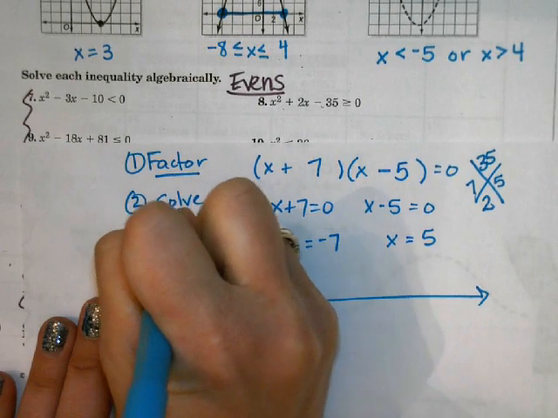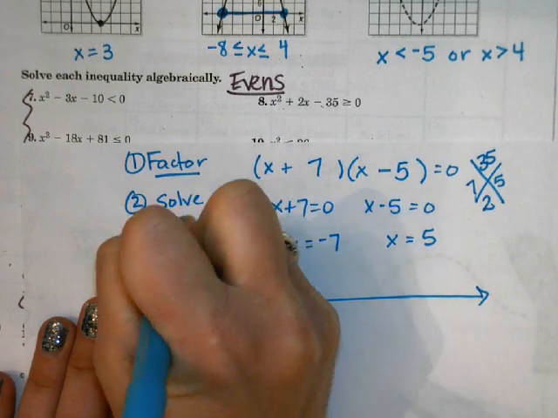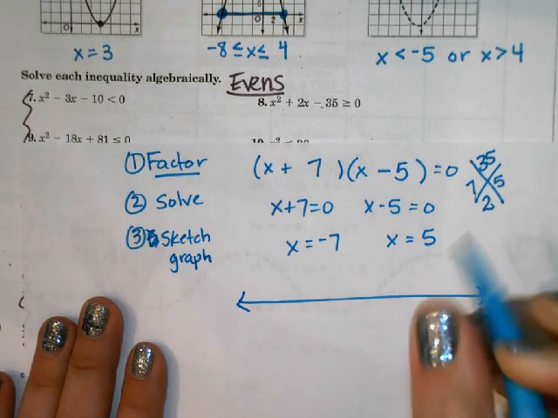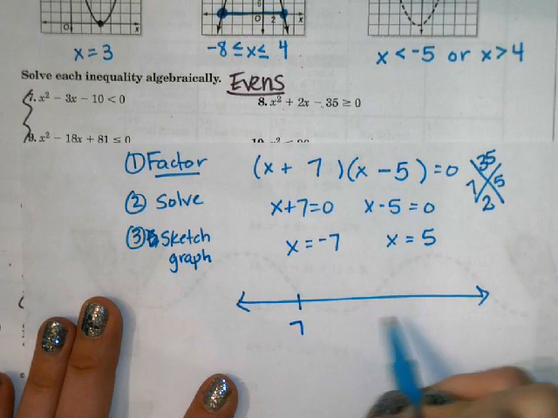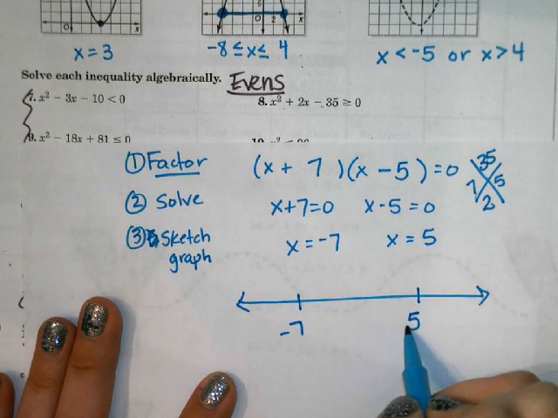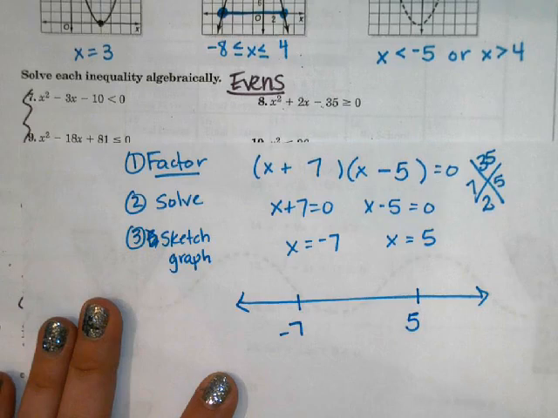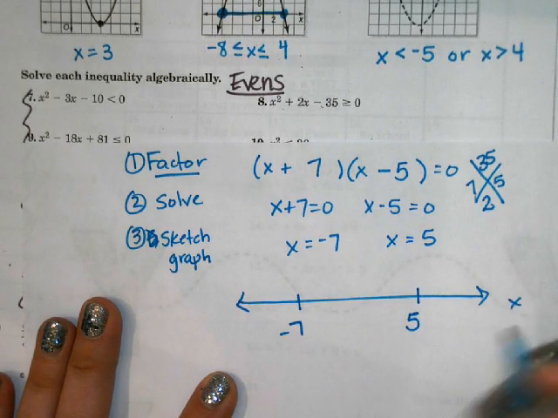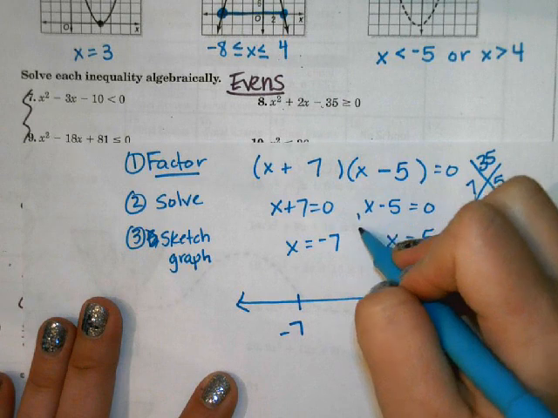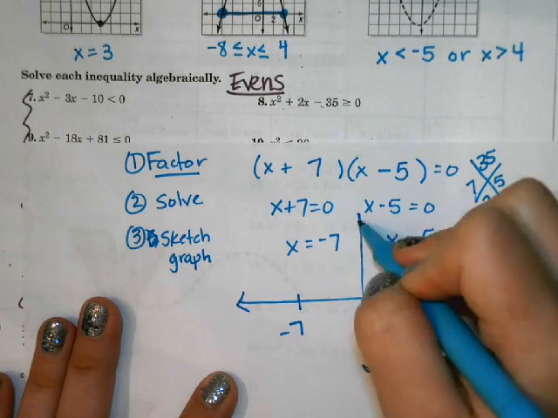I'm going to say sketch your graph. So my 2 points where he crosses the x-axis are -7 and +5. Okay, so that means that I also have my y-axis somewhere in here.